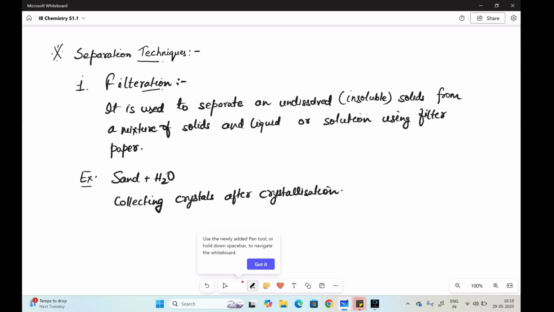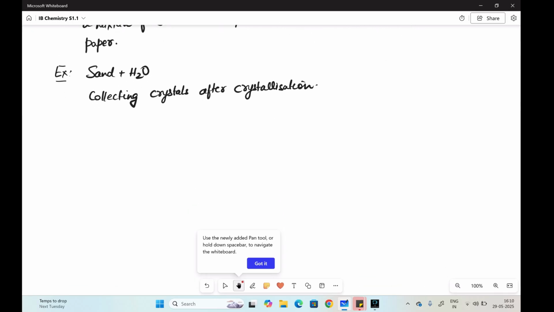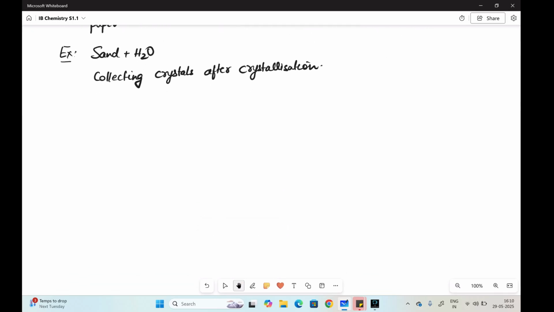So let's see what the steps involved in the process of filtration are.